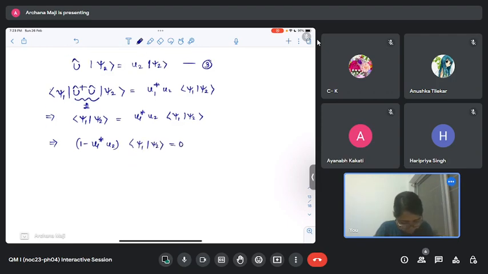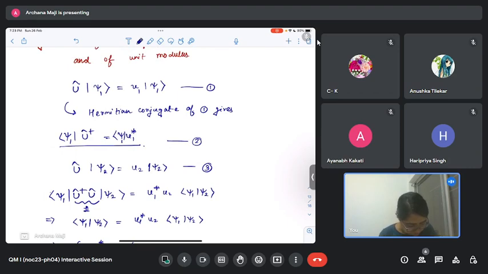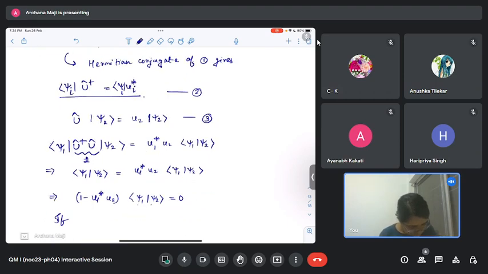Equal to 0. So it gives, so we could have done it in an arbitrary way. So any eigenvector, let's call it I, and call it J.